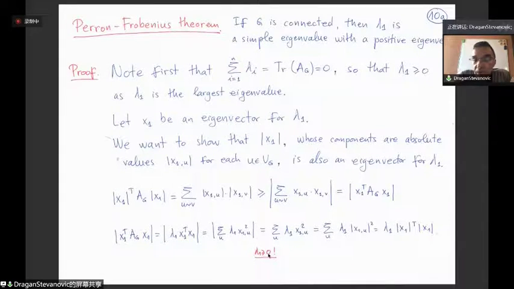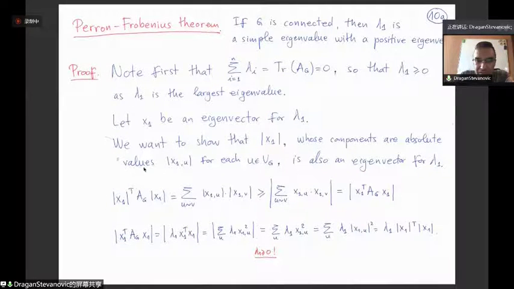And since lambda 1 is greater than or equal to 0, we can remove this absolute value. And actually, we can remove the absolute value from outside the sum and put it inside next to these components. So what we get is lambda 1 times absolute x1 transpose times x1.